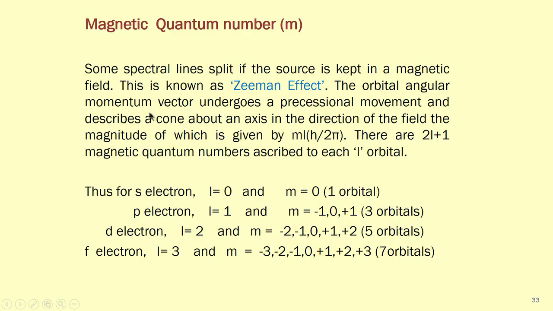So, the orbital angular momentum vector undergoes a precessional movement, precession it is called, and it describes a cone about an axis in the direction of the field at which we apply the magnetic field. Now, you can imagine that I have an electron, and I can apply the magnetic field above and below the electron, or horizontally, on both sides.